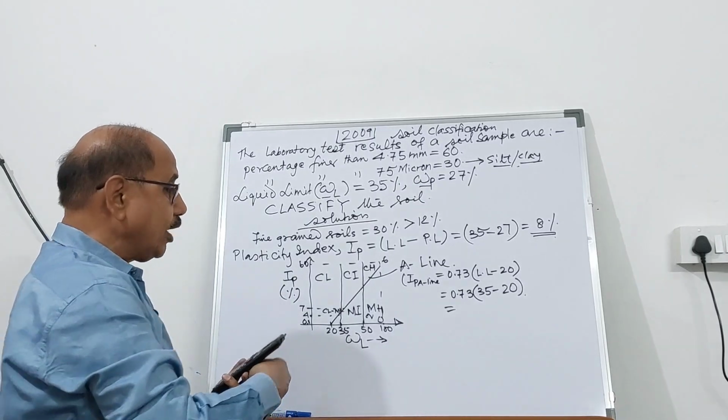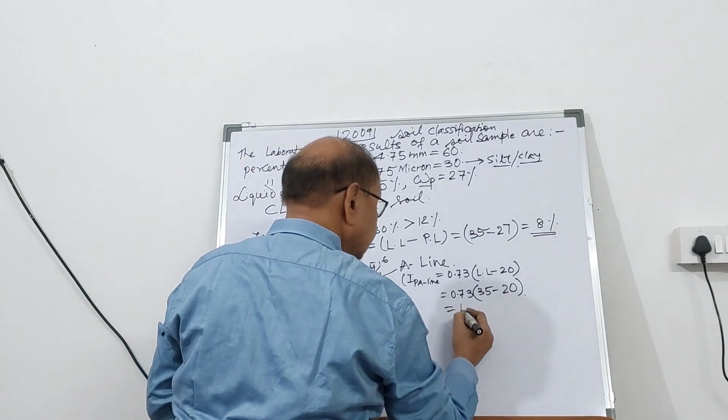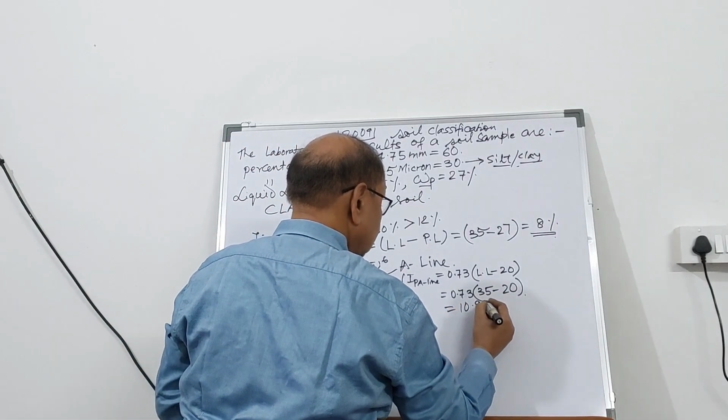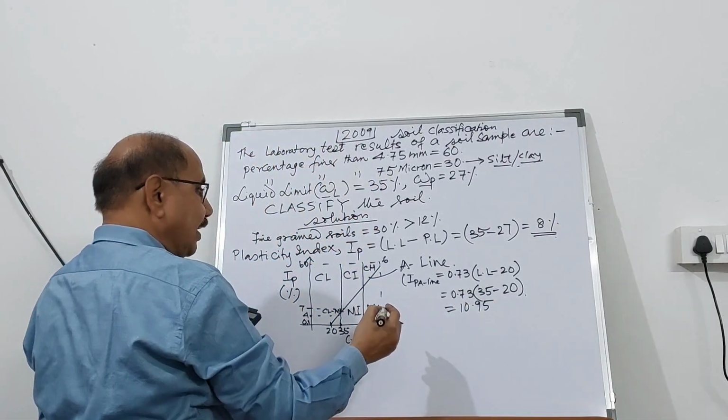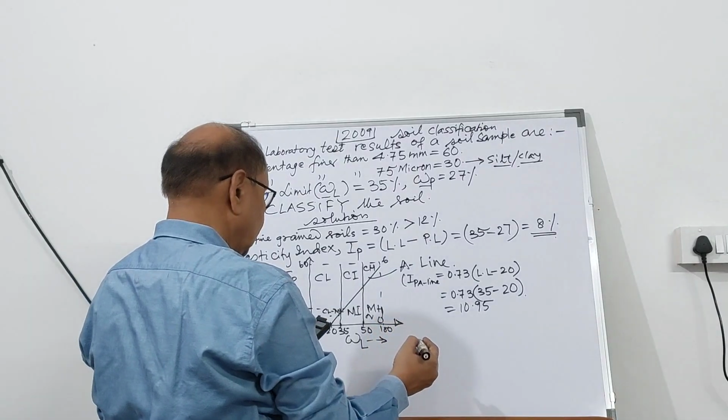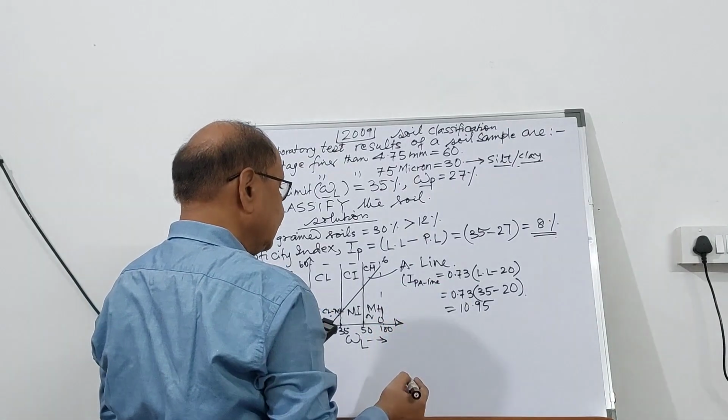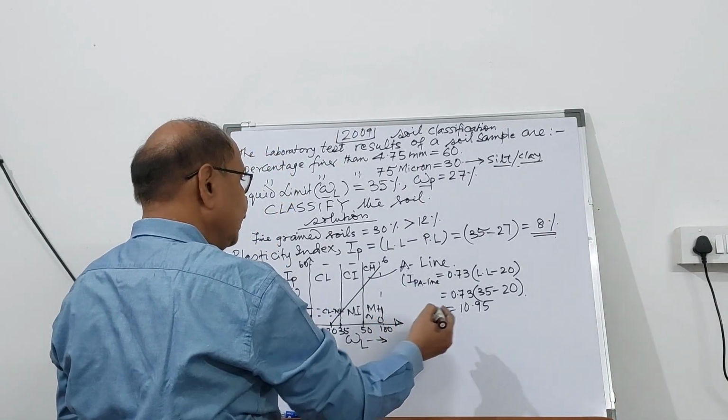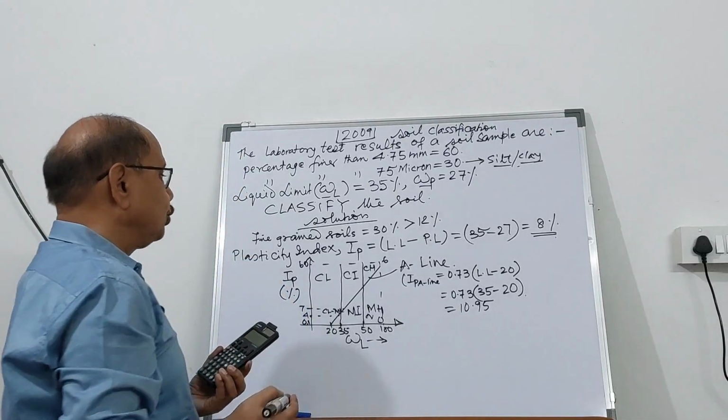This gives you 10.95. So IP of the A line, if you calculate it, is going to be this much.